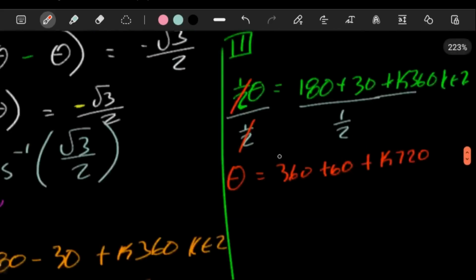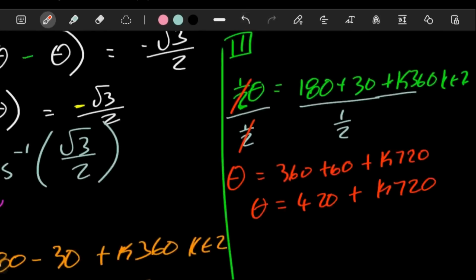And then here theta is equal to 420 plus K720. There we go. This is all good. We love to see it.